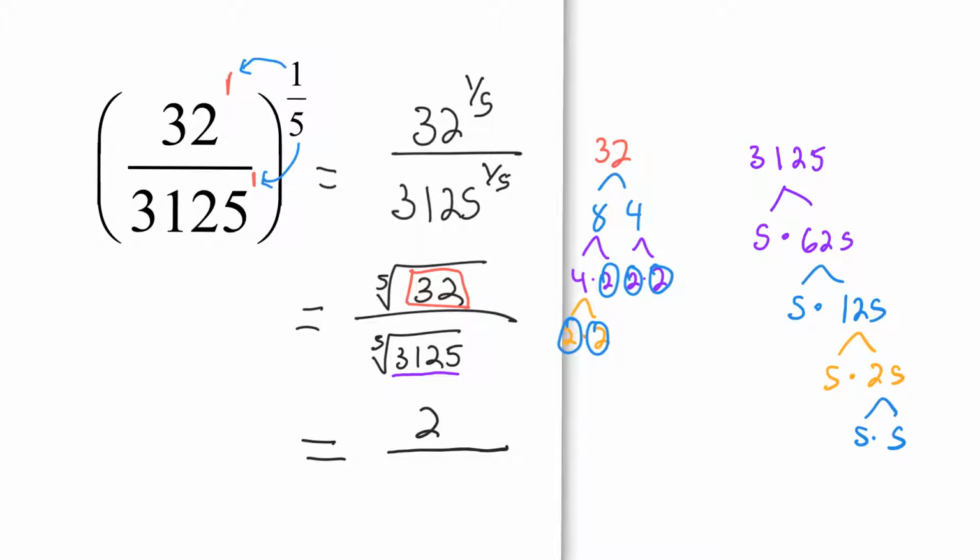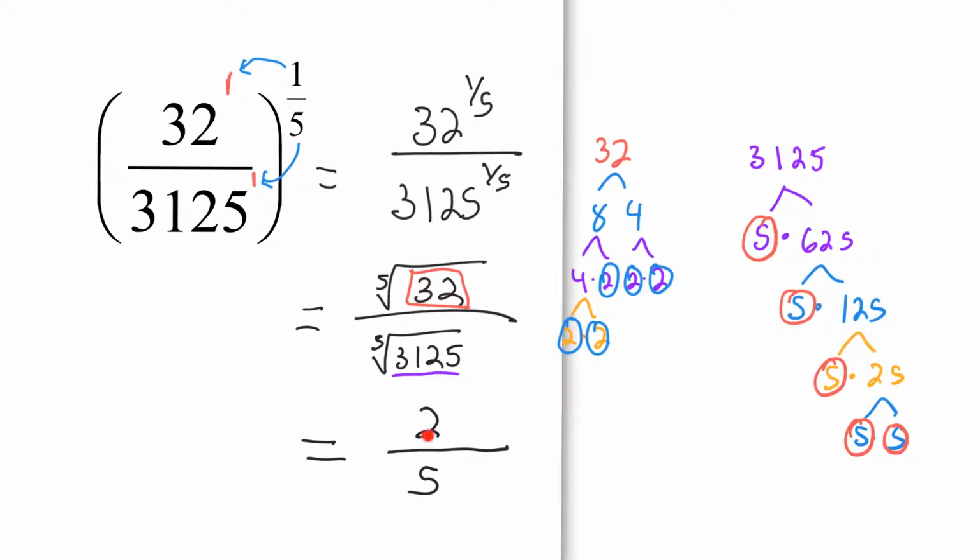So let's see how many numbers we have, and hopefully we make a group of 5. So there's 1, 2, 3, 4, 5. So we are able to make a group of 5. So that means that the fifth root of 3125 is 5.